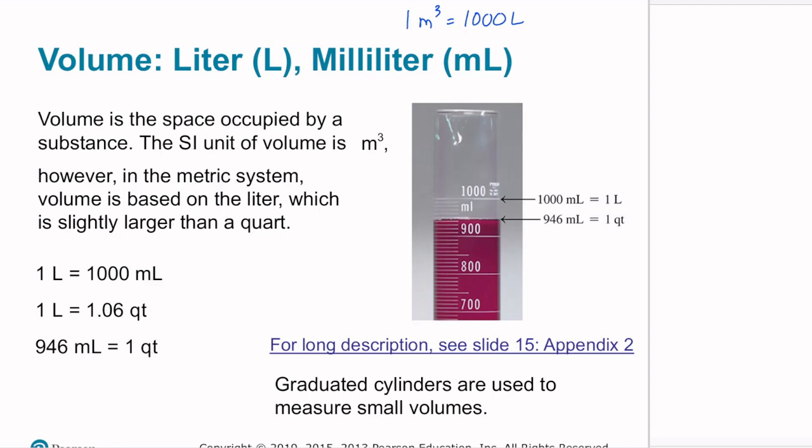A liter is 1,000 milliliters, and we can convert between the metric system and the imperial system by different conversion factors. For example, a liter is 1.06 quarts. A quart is 946 milliliters. And we'll learn how to use these conversion factors in a later video. A cubic meter is also 1,000 liters.